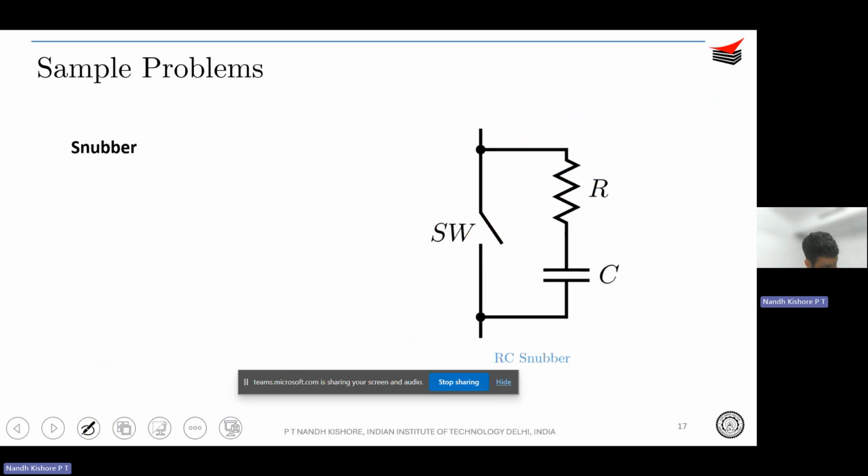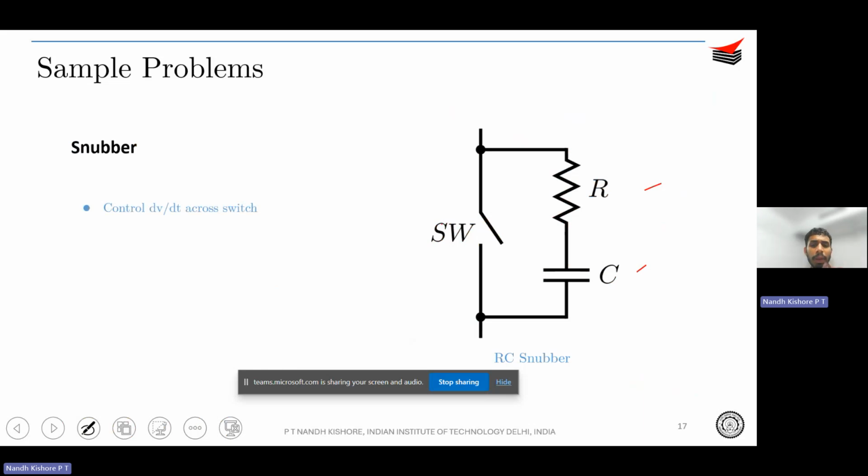So this is a typical snubber circuit, an RC snubber, that's actually shown over here. You have the switch over here, it can be a MOSFET, and across that you have your R and C, which is your snubber. It controls the dV by dt across the switch.